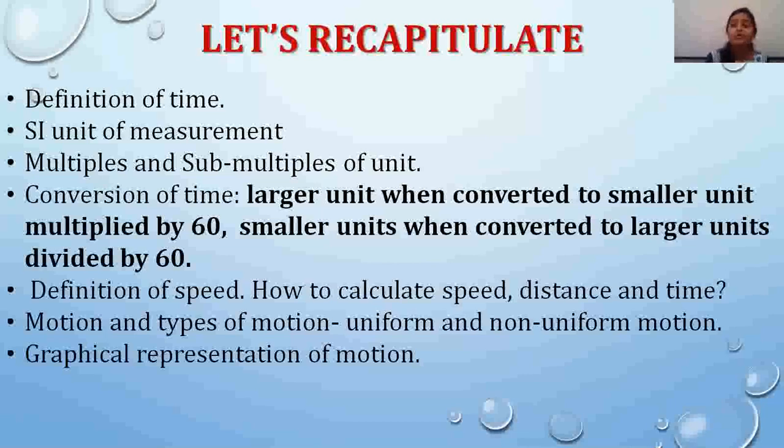We are able to convert larger quantities to smaller quantities, and smaller to larger in conversion of time. We are able to define what is speed, what is motion, what is rest, what is average speed, and how to calculate speed, distance, and time. Based on that, we also learned about 2 different types of motion, uniform and non-uniform motion, and the graphical representation of the same.